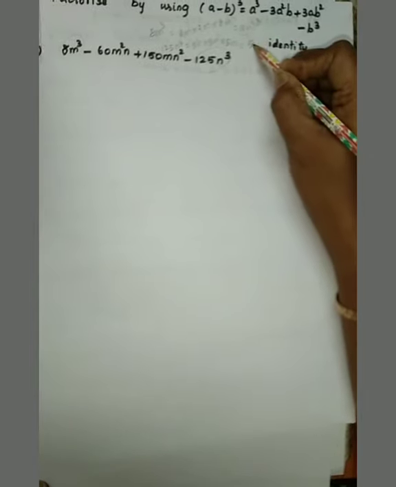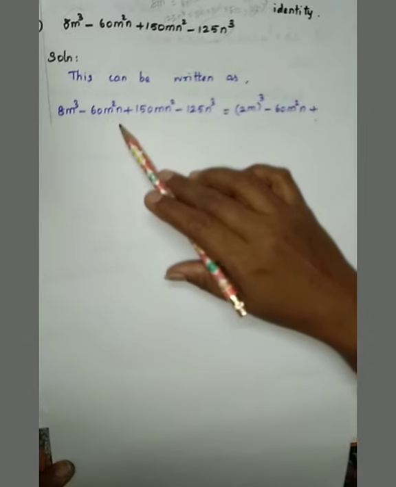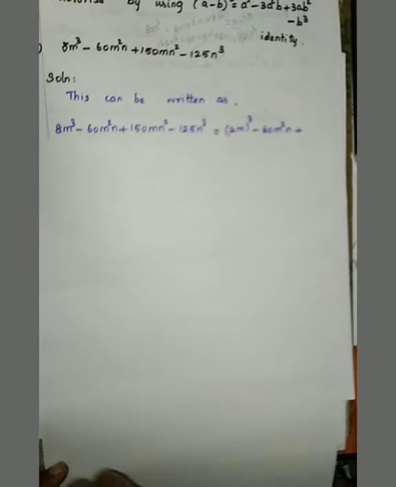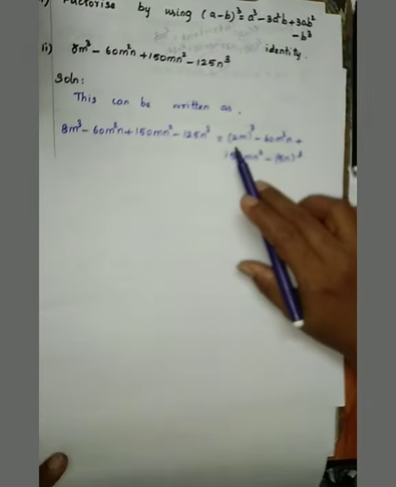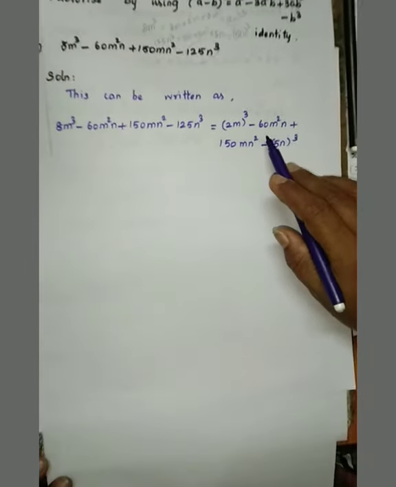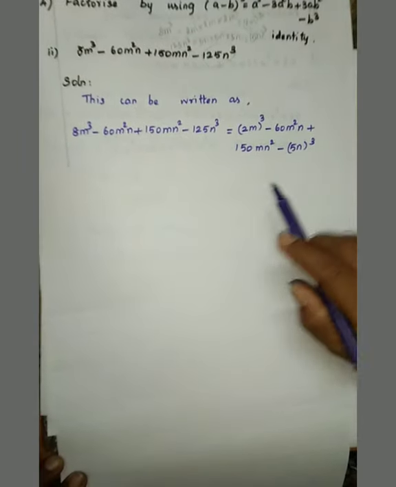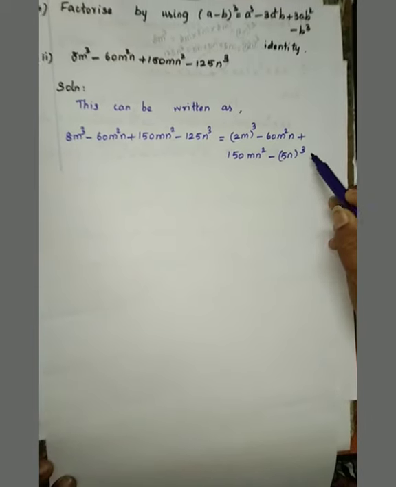So this can be written as (5n) the whole power 3. So for the first and the last term we can apply the identity. It's a cubic number. So this can be written as 8m cube minus 60m square n plus 150m n square minus 125n cube equal to (2m) the whole power 3 minus 60m square n plus 150m n square minus (5n) the whole power 3.